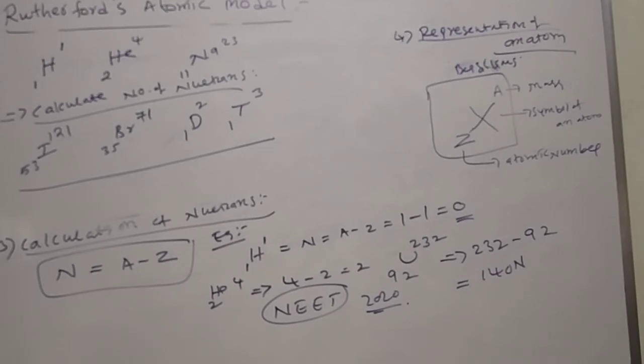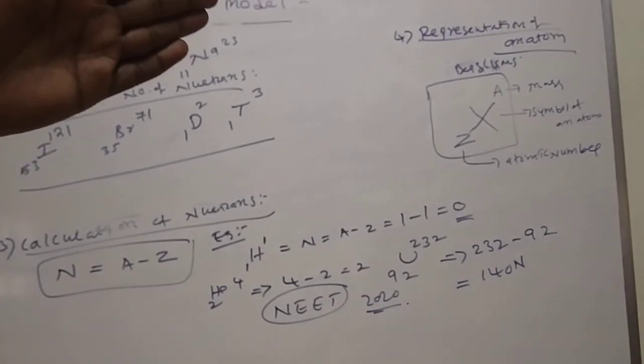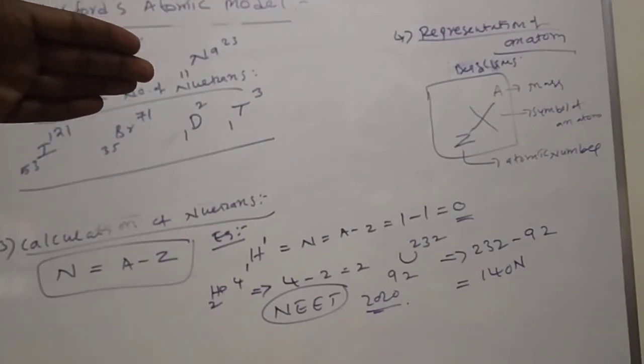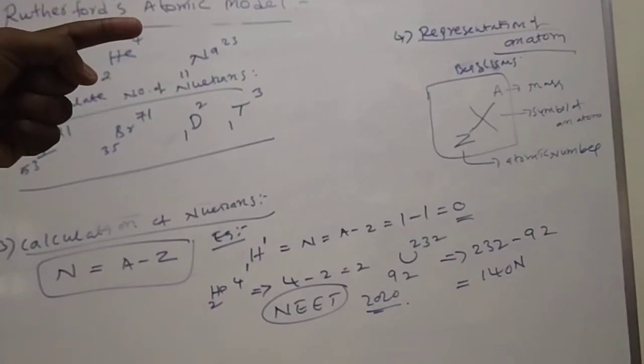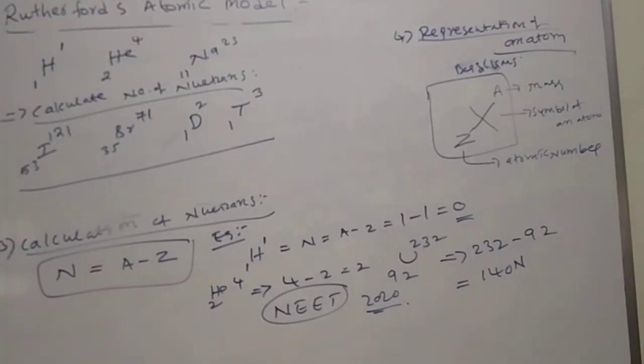This is one important concept, before the Rutherford atomic model. What is atomic number? The number of protons present in an atom is called the atomic number. Atomic mass means the sum of protons and neutrons. Here X is the symbol, A is the mass, Z is the atomic number.